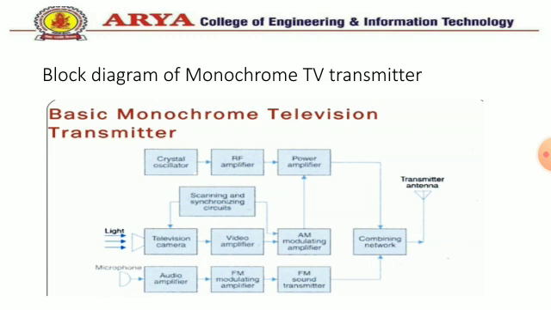Now see, this audio section has a bandwidth of around 20 kilohertz, and the video section has a bandwidth of around 5 megahertz, and we want to send both of these signals by antenna.